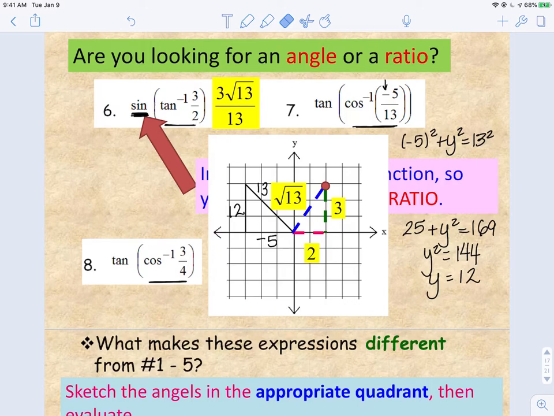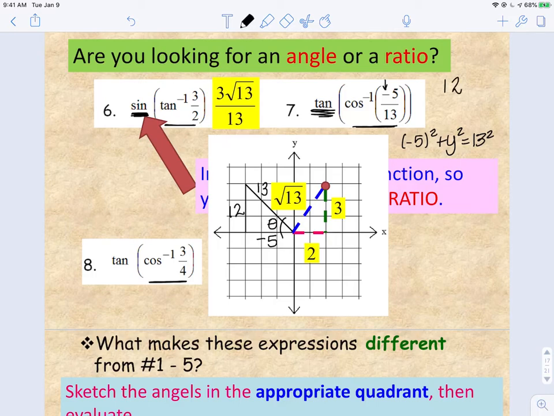So that'll be my y value. All right, so here's the angle that we were trying to identify that has a cosine of -5/13. We still don't know the angle measure, but that doesn't matter. We have the triangle built. We can now find the tangent of that triangle. Tangent is going to be y over x, so that's going to be 12 over -5. We'll put the negative up top with the 12.